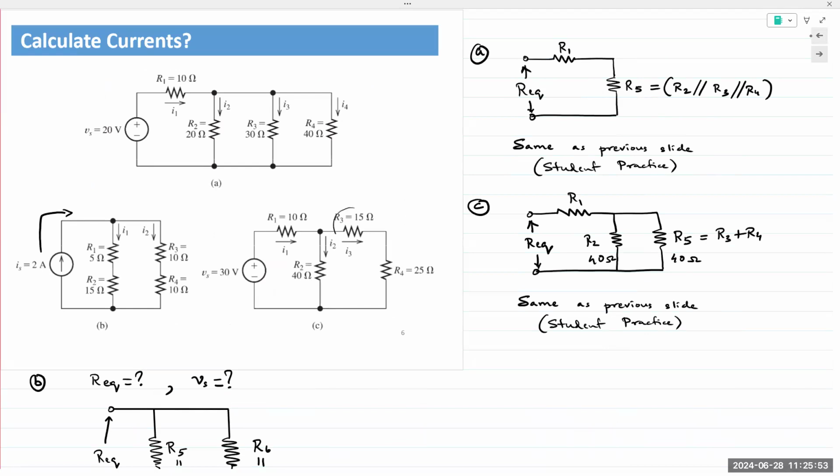You have R3 and R4 in series, right? If you find the voltage across these two nodes, let's say it's VR2, that VR2 voltage is the same for R2 as well as R5. R5 is comprised of R3 and R4.